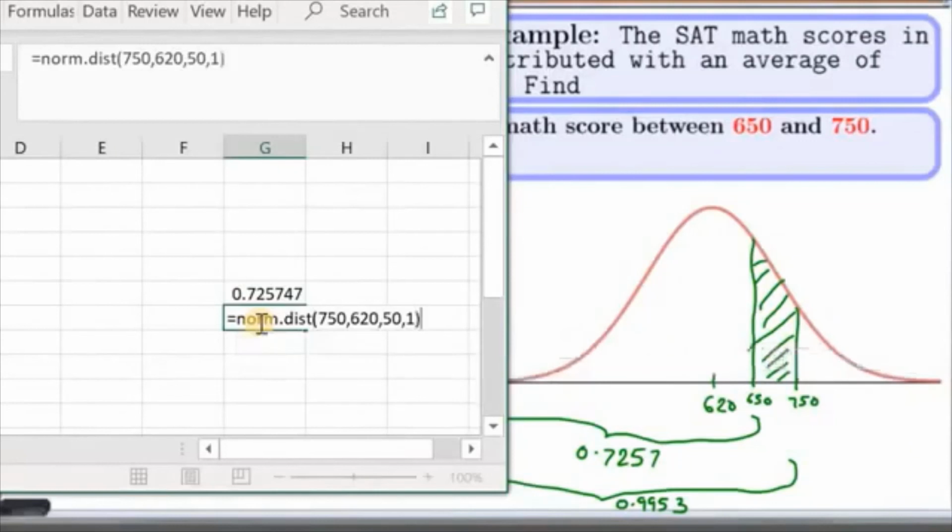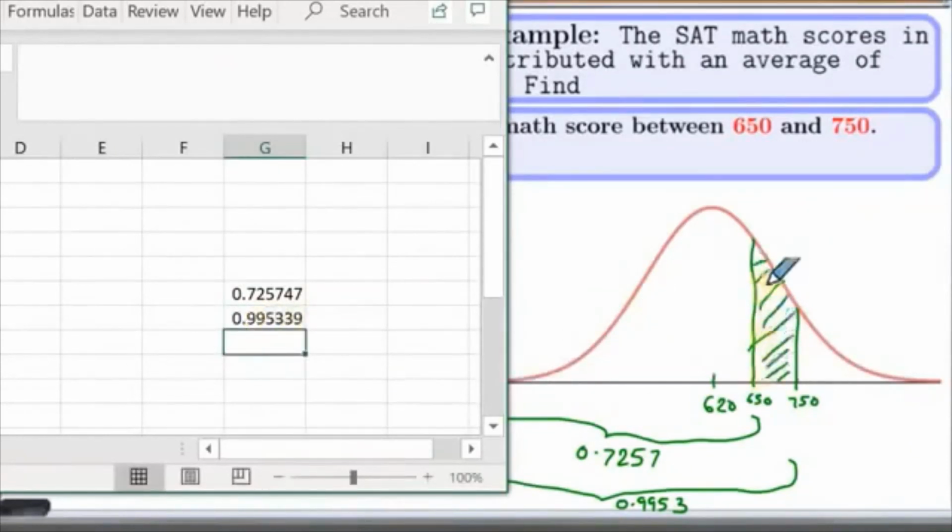Then close your parentheses, then hit enter. Now, to find the area in between 650 and 750, we need to subtract this number from this number. Type in equals, then select that, minus, select that, then hit enter.